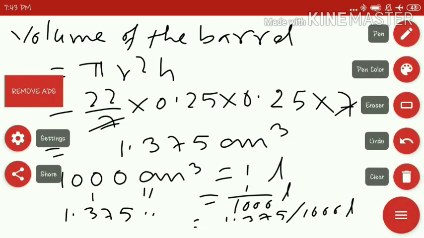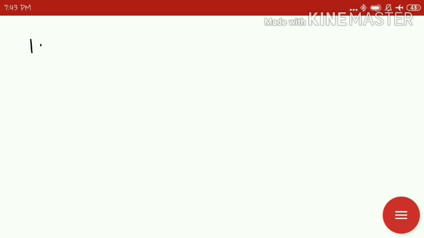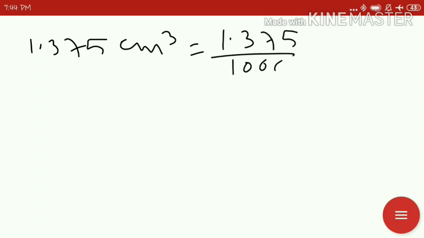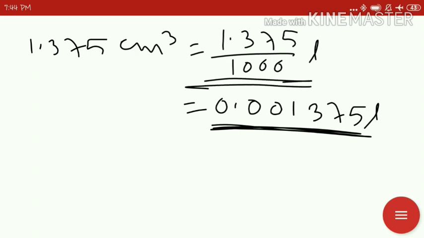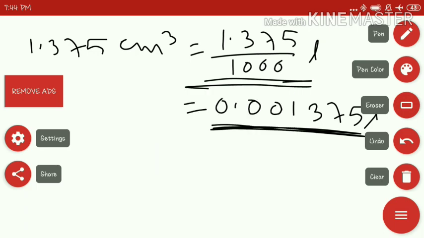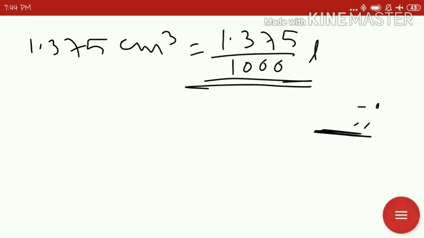So 1.375 centimeter cube equals 1.375 by 1000 liter, that means 0.001375 liter. But we will not take this form, we will keep it as the fraction. That will help us much more than the decimal form. We will not take this one because it is quite problematic to write the large number.